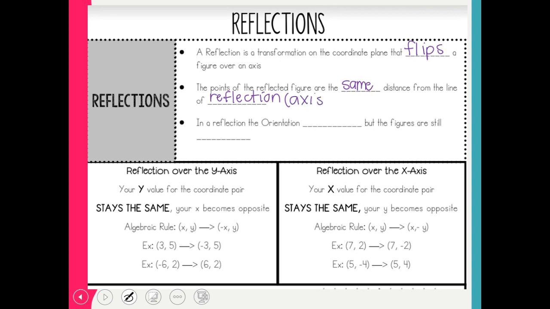Because all that we are reflecting over in this class this year is an axis. We're not going to reflect over any random line. It's just going to be over the x-axis or over the y-axis.